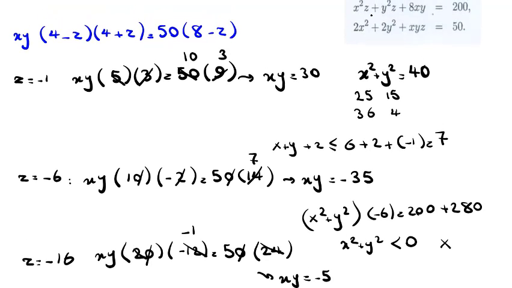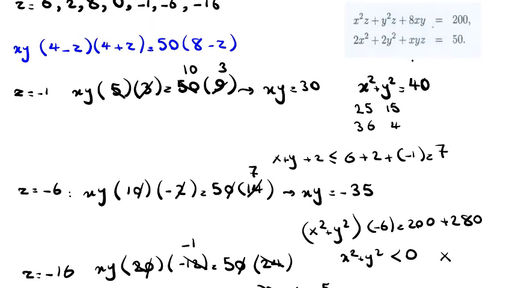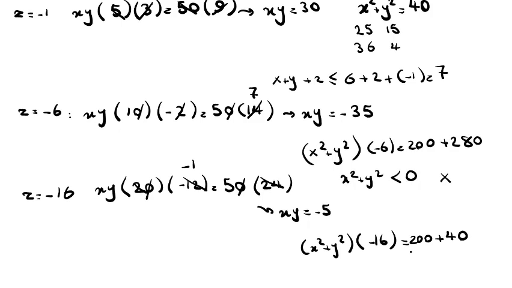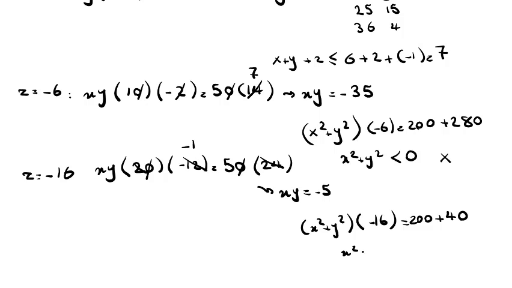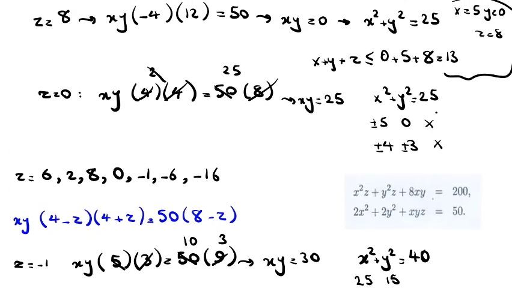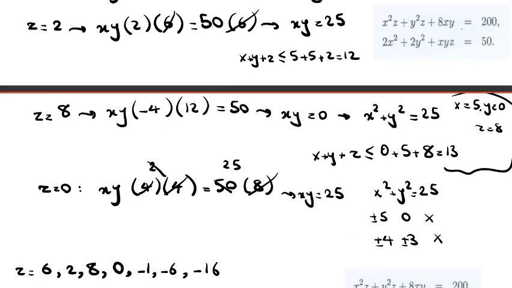And if we replace in the first one, x squared plus y squared times z equals what? 200 minus 8xy. 200 minus 8xy will be plus 40. And again, we will see x squared plus y squared is less than 0 because it's negative, it is positive, and that's a contradiction. So the only case that also was the maximum, and we found the answer x 5, y 0, z 8.